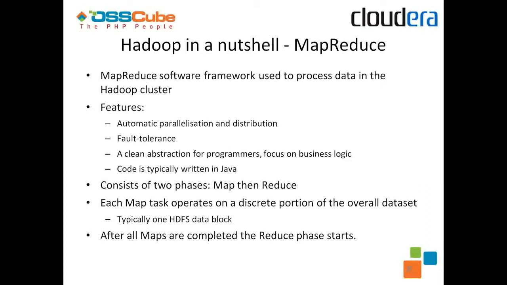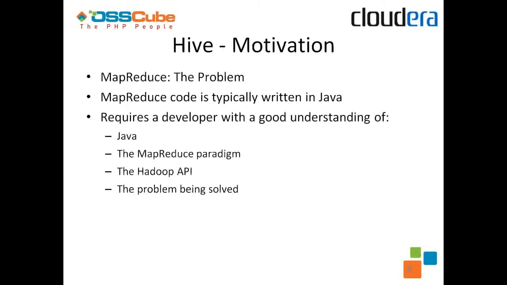This is how Hadoop becomes very scalable, because each task will work on a subset of the data, rather than one task processing the whole data set. And once these mapper tasks are finished, then the reduce phase starts.